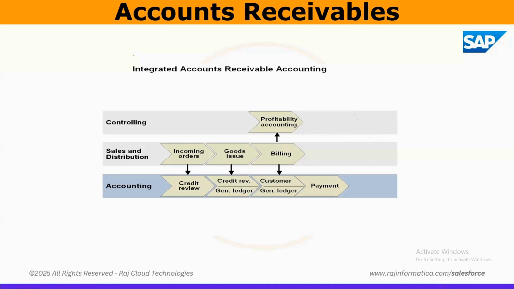Based on the terms of payment, you will receive the payment from the customer. The payment entry is particularly related to finance, so you will post the incoming payment from the customer for whatever sales we have done. So this is how the integrated account receivable cycle looks like.